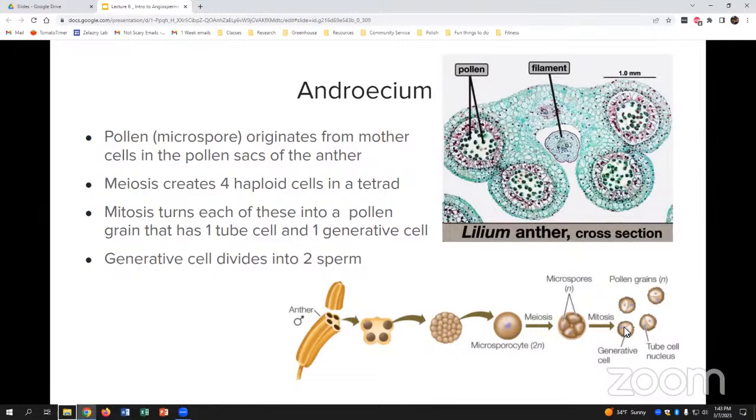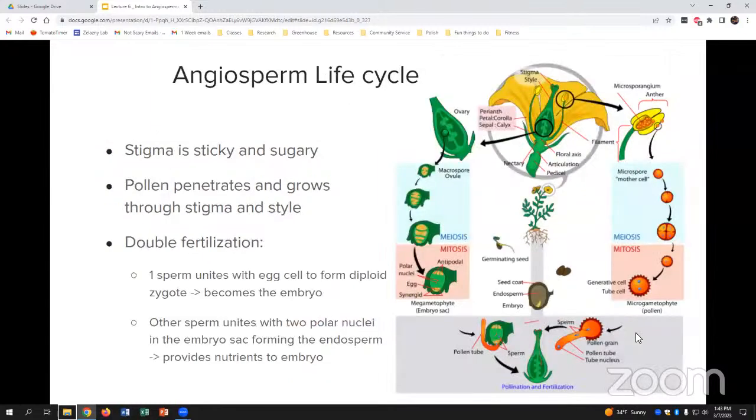So we have a tube cell as well as a generative cell that becomes sperm. That's important because in this image, we can see these sperm cells, but we can see that in this pollen, we also need to form this pollen tube that is going to project down the style of the gynoecium to get to the end.